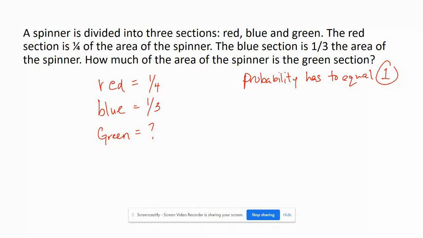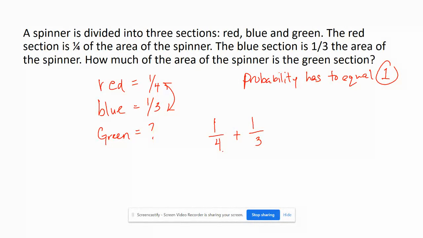So these three fractions have to equal 1. So what I have to do is add these two fractions together, the red and the blue. Now, how do we add fractions with different denominators? Of course, we have to make the denominators equal. So we have to multiply to get a denominator of 12, because that would be our greatest common factor, right?